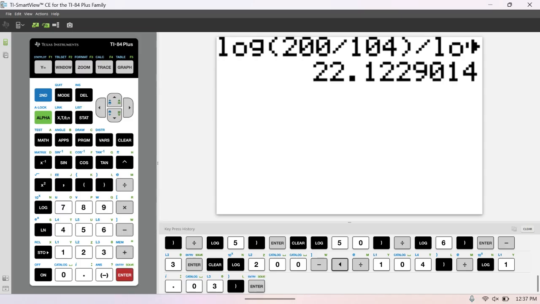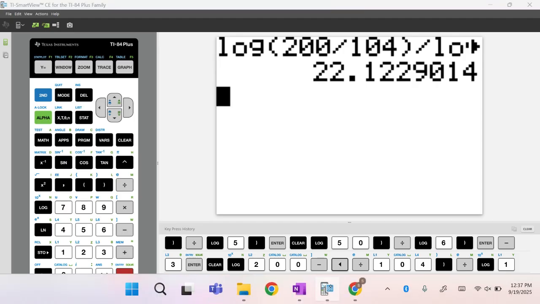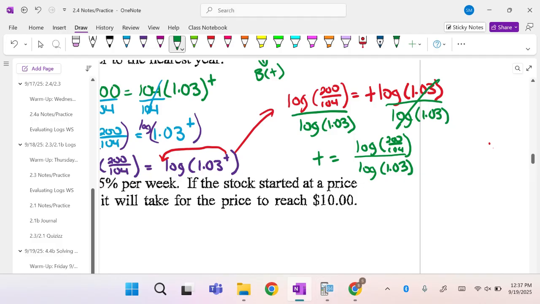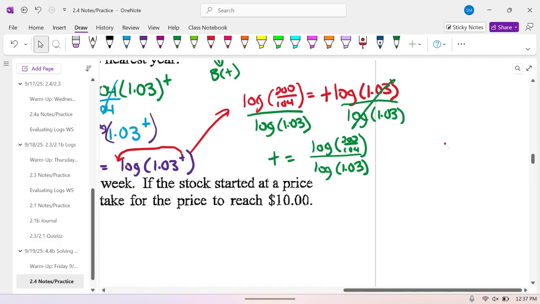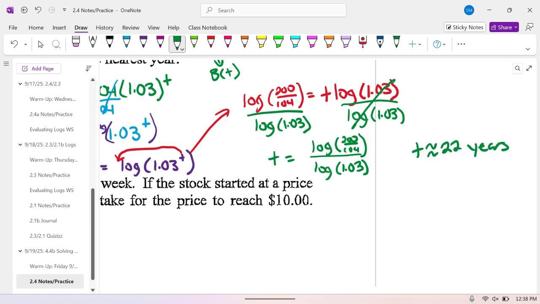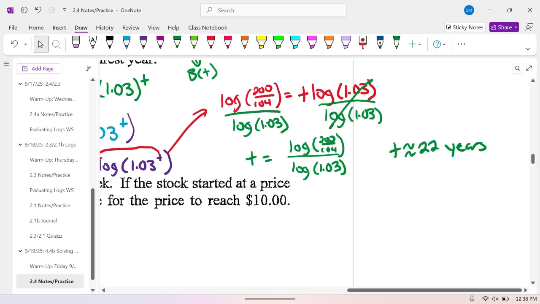So I get approximately 22.1229. What is that rounded to the nearest year? 22. So they're saying that in approximately 22 years, the population of bats will reach 200.